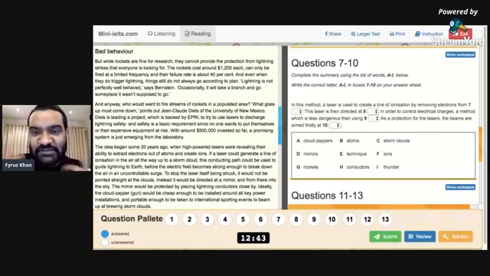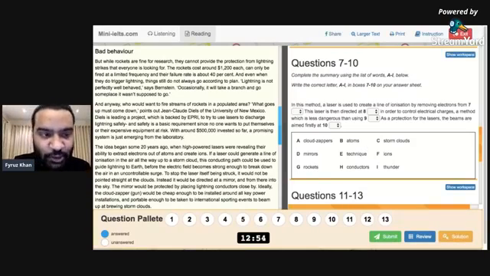Because if it's wrong, you will understand that the word does not fit in well. But in this case, it may be a bit difficult because it has a lot of scientific words, and you may not be from a science background. So you may have to read the passage again.